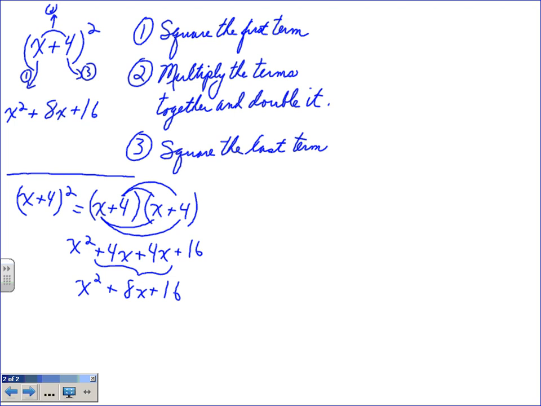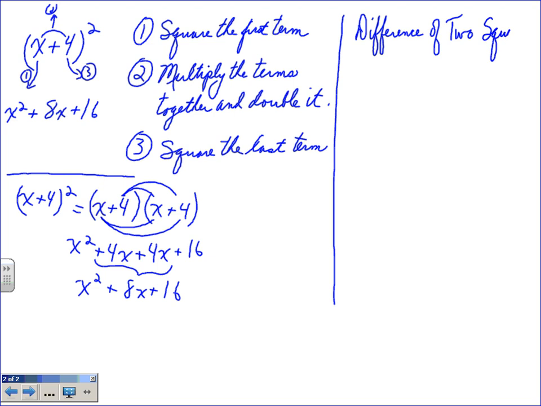We also had something called the difference of 2 squares. We had something like this.